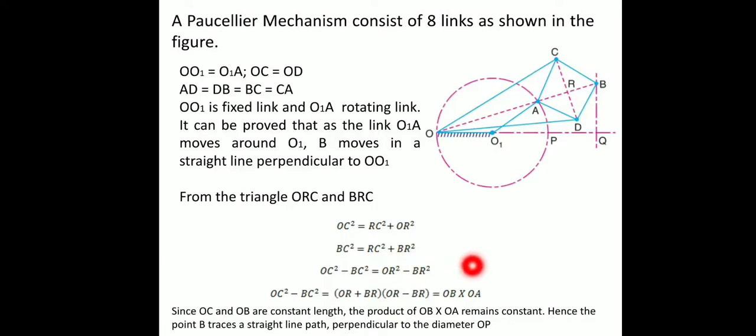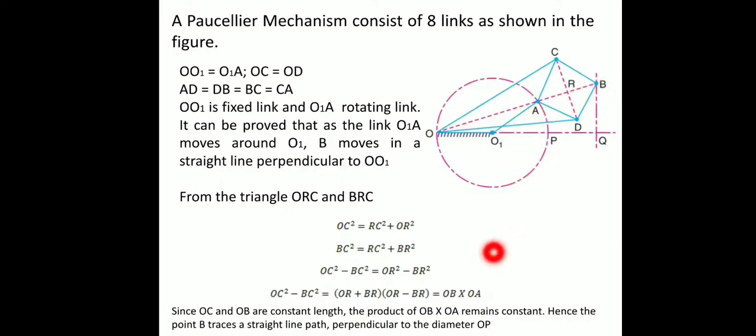OR plus BR means the total length, that is OB, and OR minus BR, since BR is equal to RA, means OA. So OR plus BR is equal to OB, and OR minus BR is equal to OA.